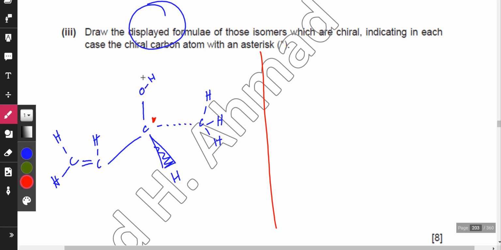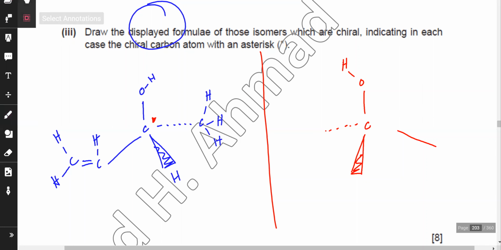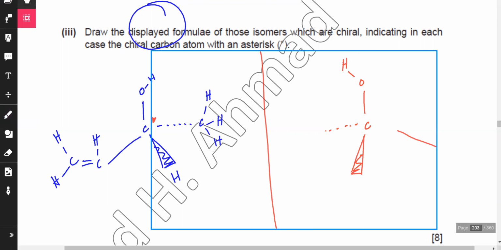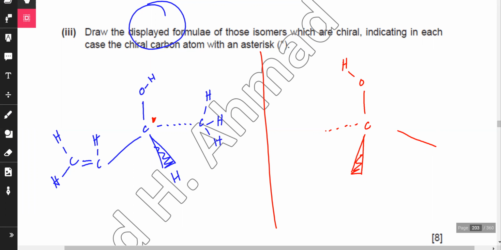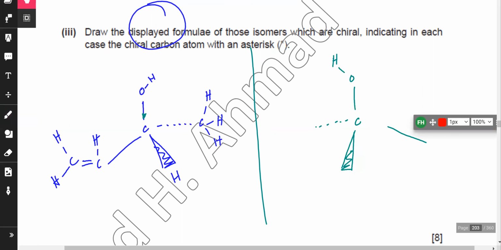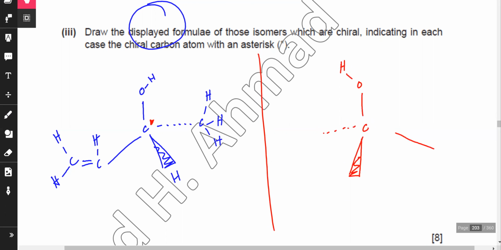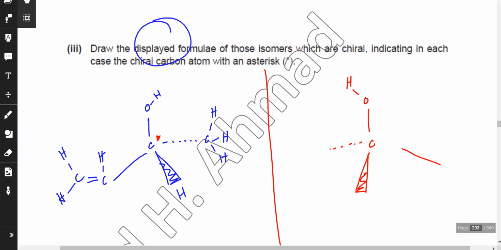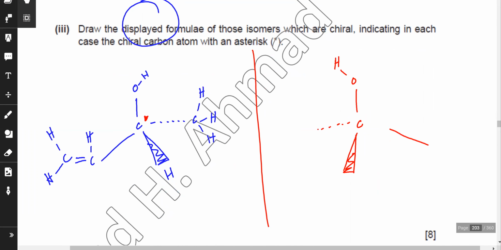And then you draw the mirrored version of this molecule. The mirrored version would be, everything should be mirrored left to right. So let's keep it this way.